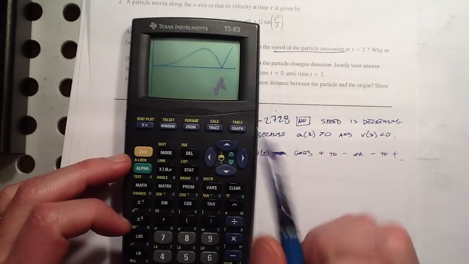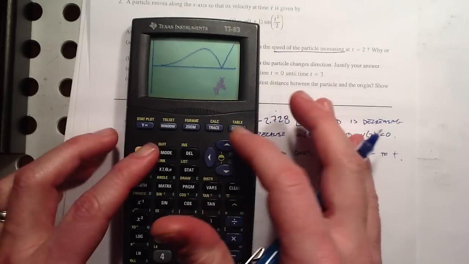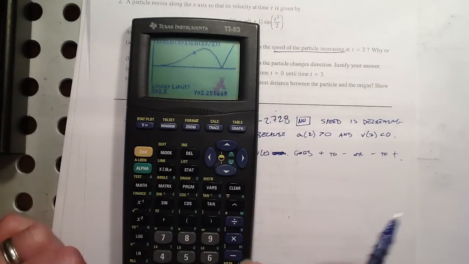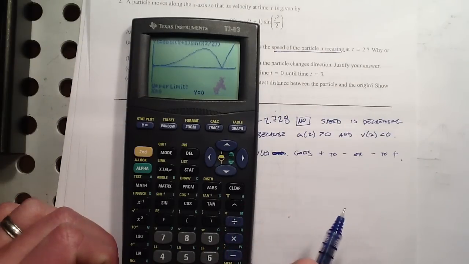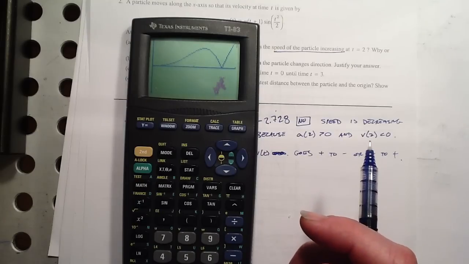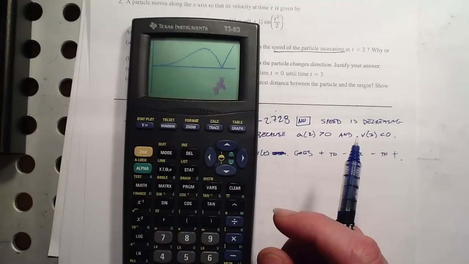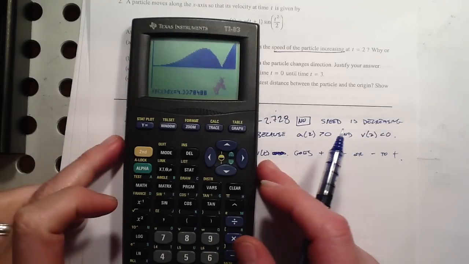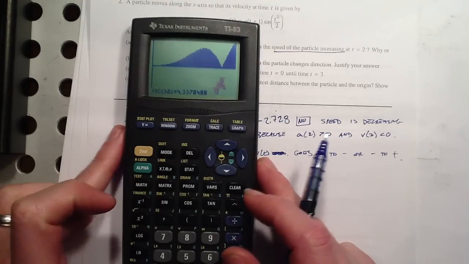And find the area under that, which will give us the total distance traveled from 0 to 3. Wait for the calculator to think. And it shades in the area for us. And it looks like the total distance traveled is 4.338.